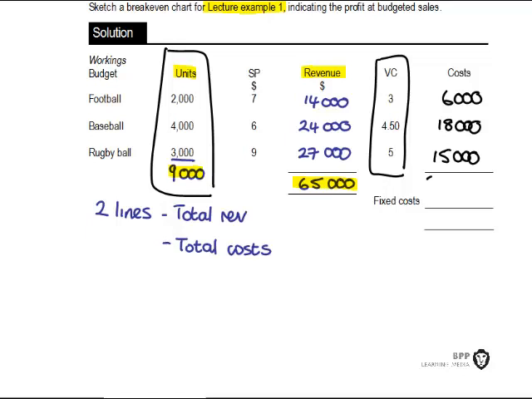So that's a total variable cost of 39,000, but don't forget that we've also got fixed cost of 20,000. So the total cost is actually going to be 59,000 when we sell 9,000 budgeted units. So once again, let's use that as one plot point and use 0 as the other.